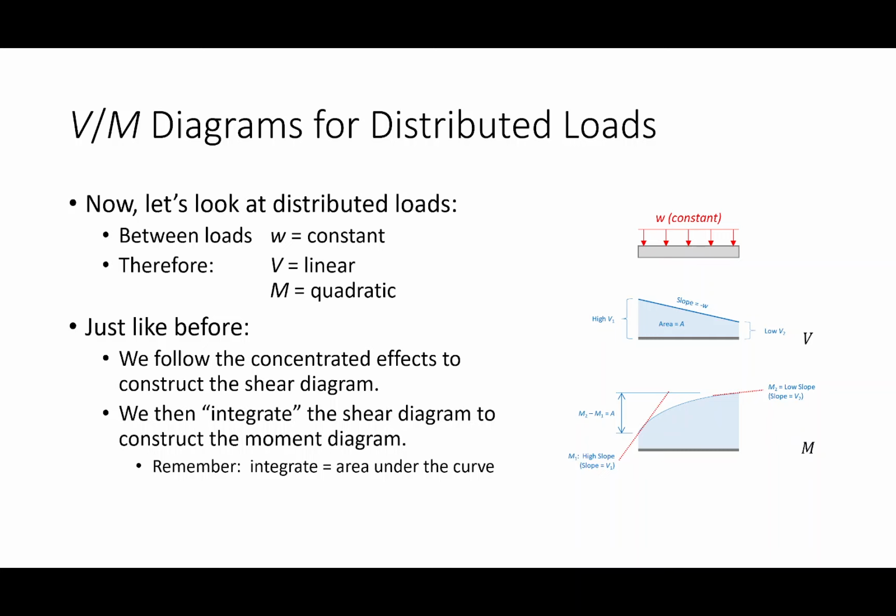And then another constant of integration, which we'll call C2. Does that make sense? Okay, so here I have a function for the shear, and here I have a function for moment.